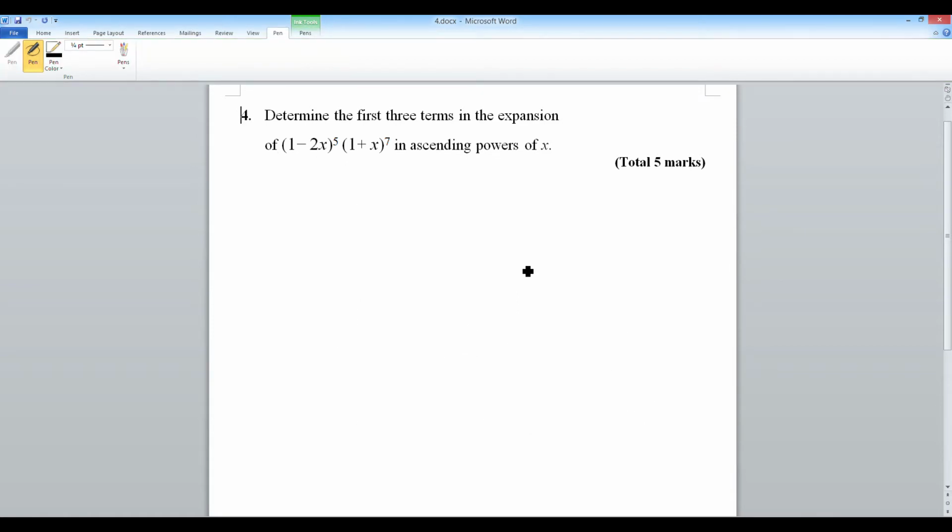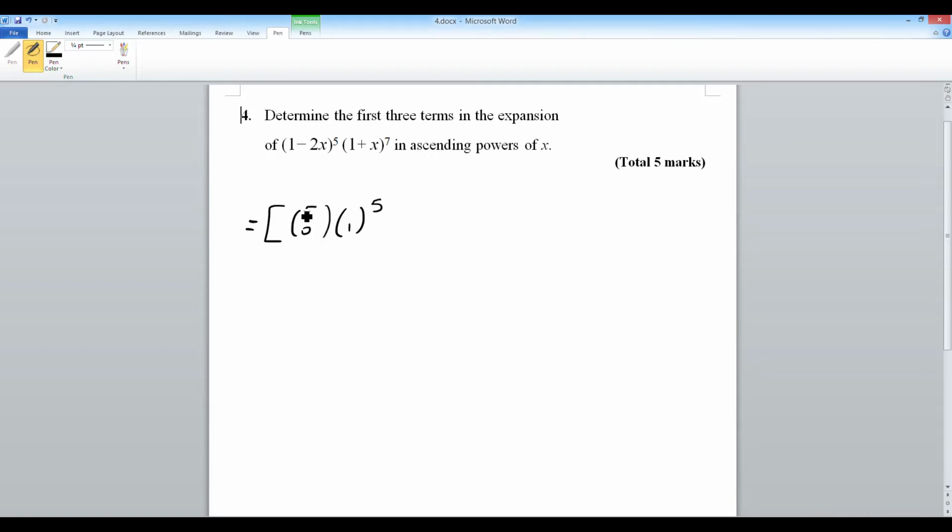So let's begin expanding the brackets. Of course the first thing I want to do is calculate the first 3 terms of each of these. I will first start with my first bracket, and I'm going to expand it for the first 3 terms.